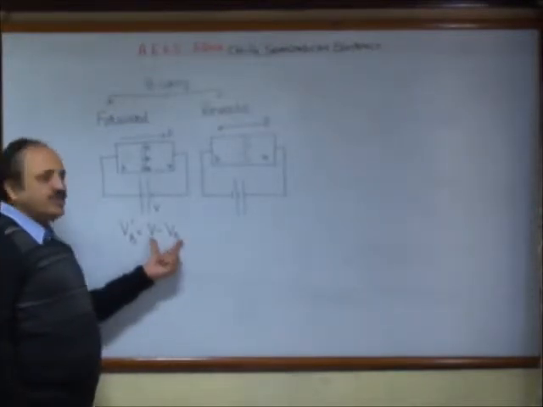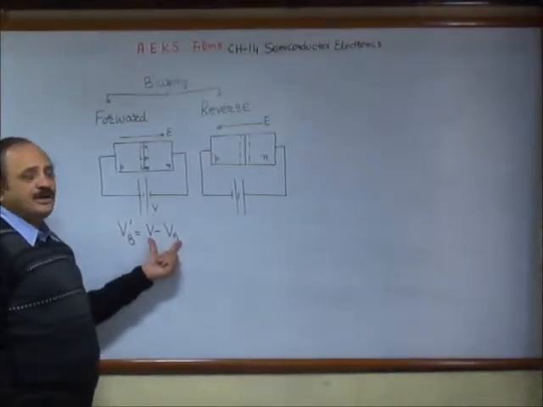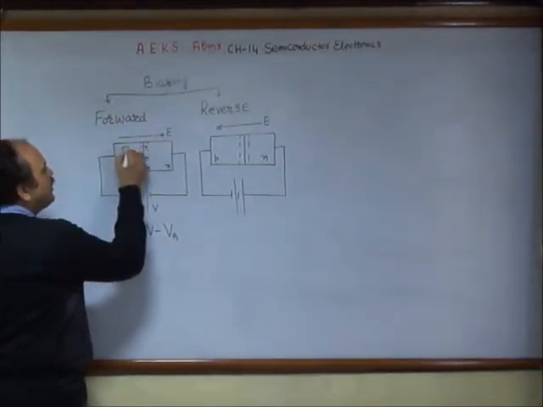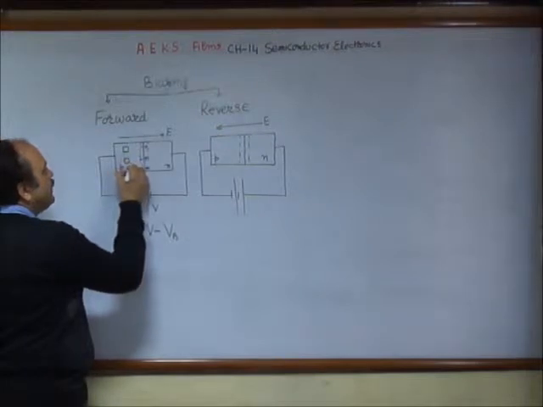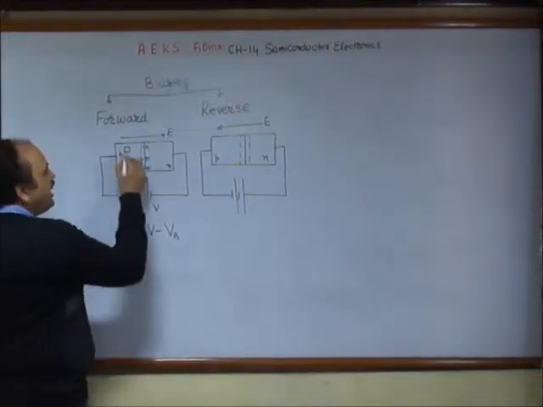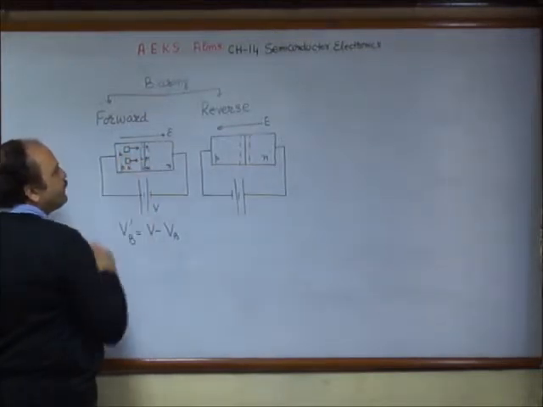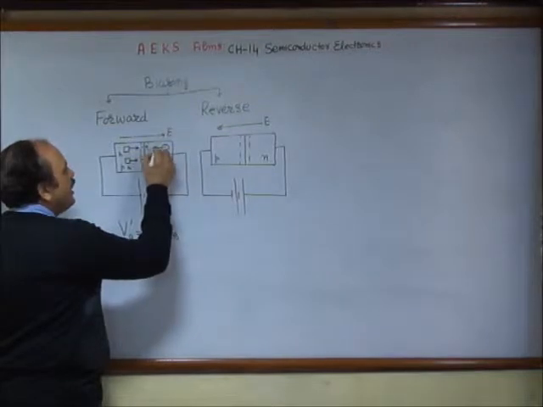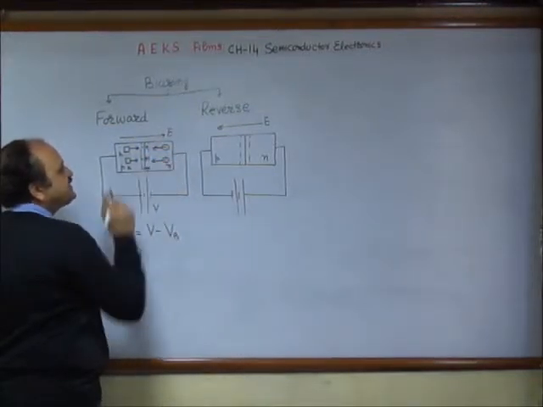The decrease of this potential helps the majority carriers from the P region, which are basically the holes. I am showing the hole with these squares. They are pushed on this side, and similarly the electrons from the N region are pushed on this side.